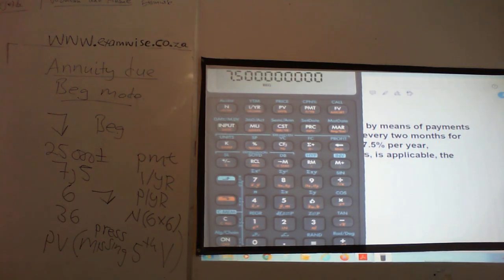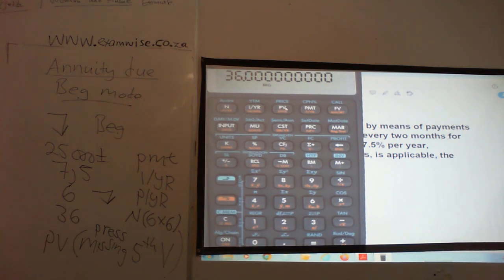Then here we have 6, and then we said down arrow, then we press P over YR. And then here we have 36, and then we press N. Then we already entered our 4 variables, and what we need is present value.